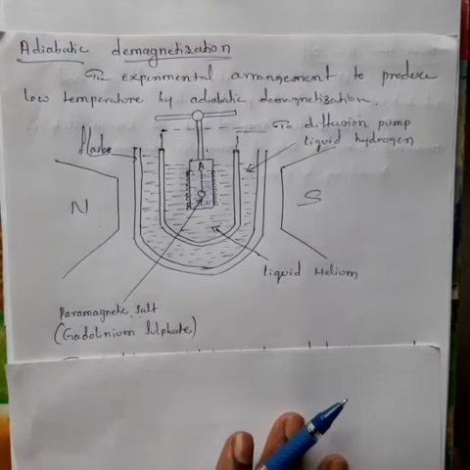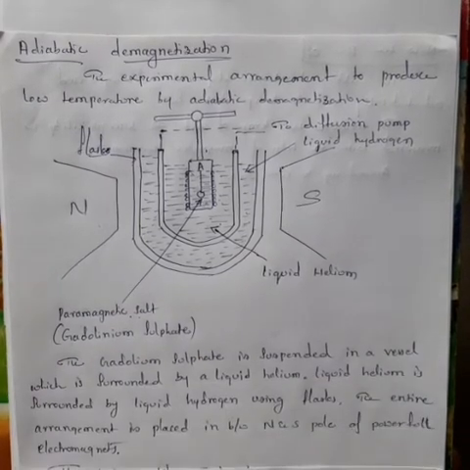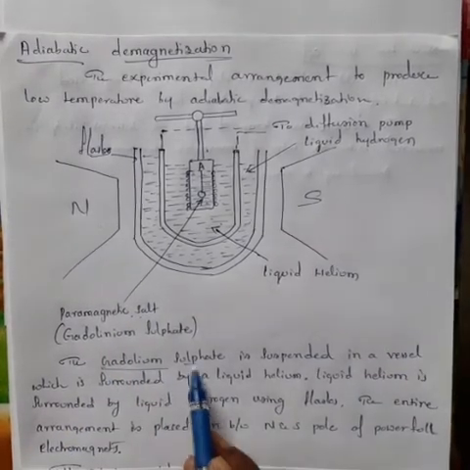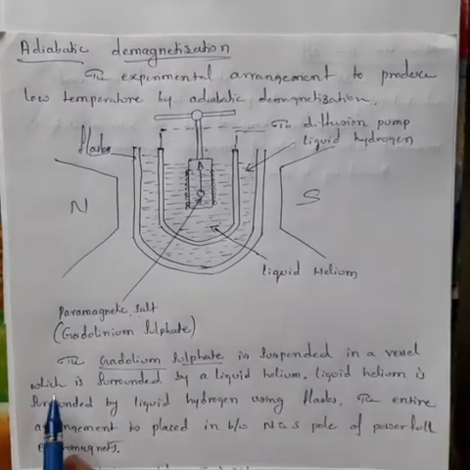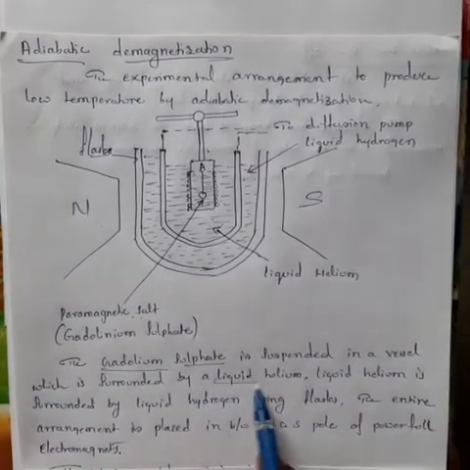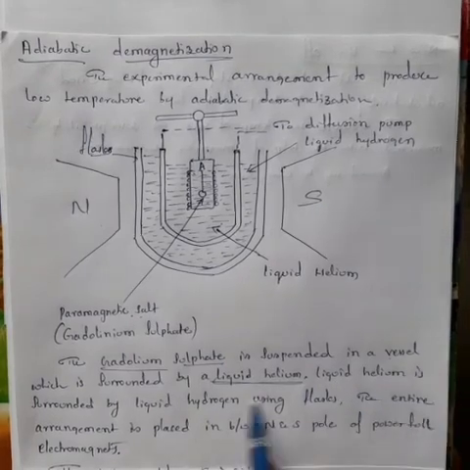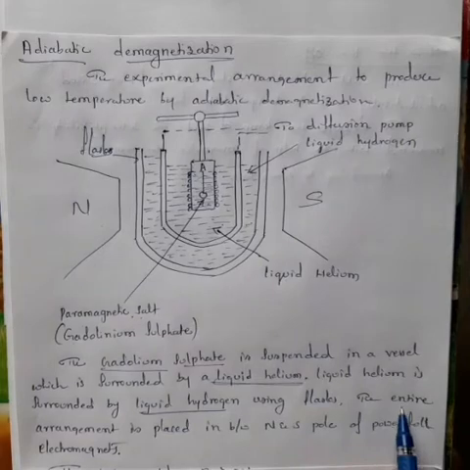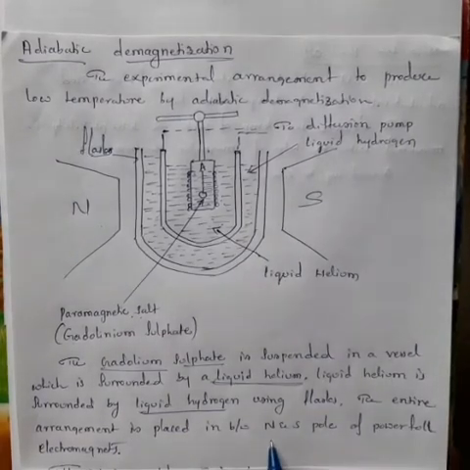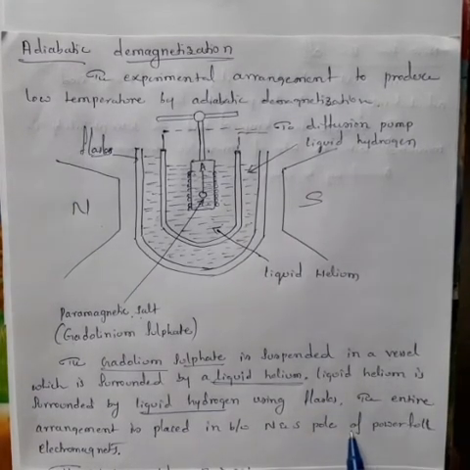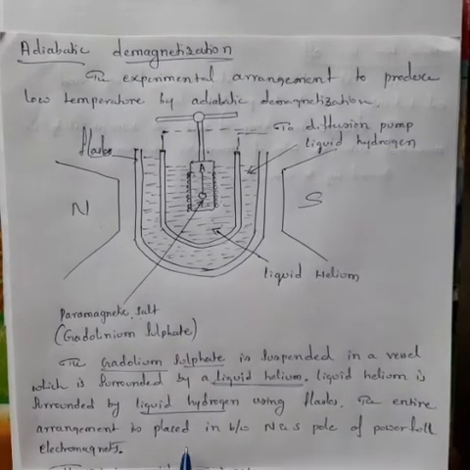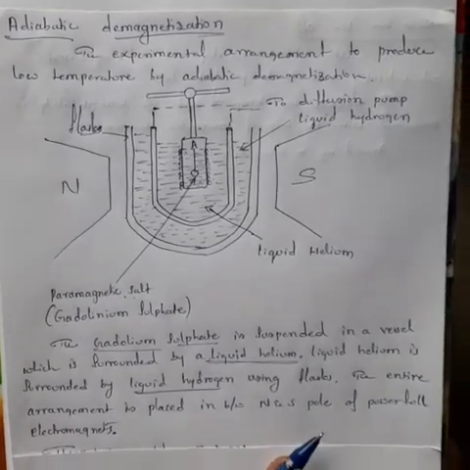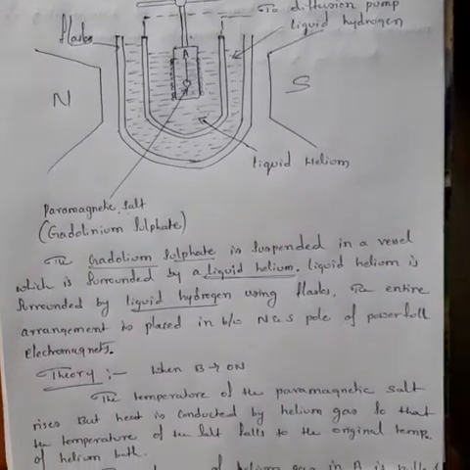Here we are going to observe the explanation of this adiabatic demagnetization. Gadolinium sulfate is suspended in a vessel surrounded by liquid helium, and this liquid helium is surrounded by liquid hydrogen using the flasks, and the entire arrangement is placed between the north and south pole of a powerful electromagnet. Now what happens if the electromagnet is switched on?